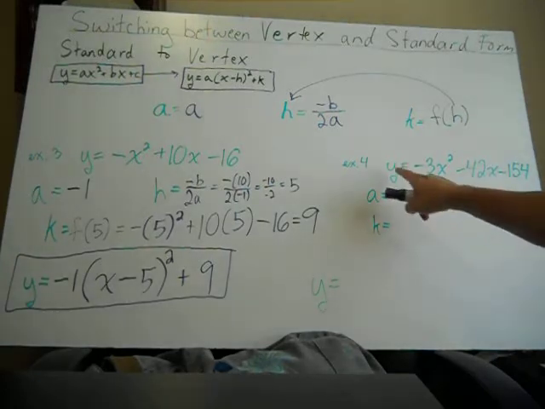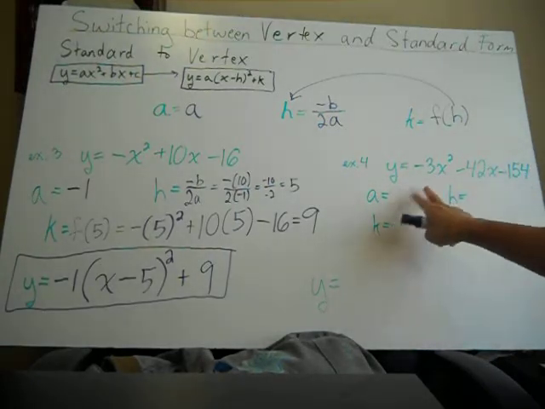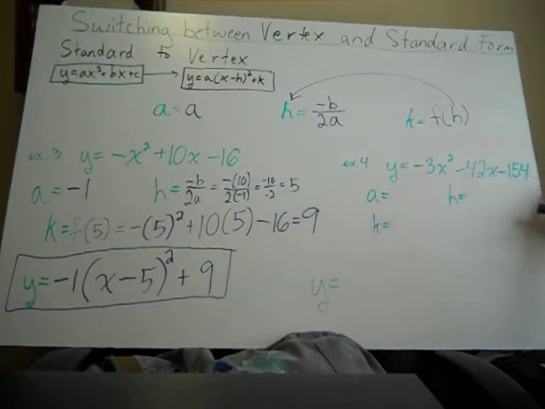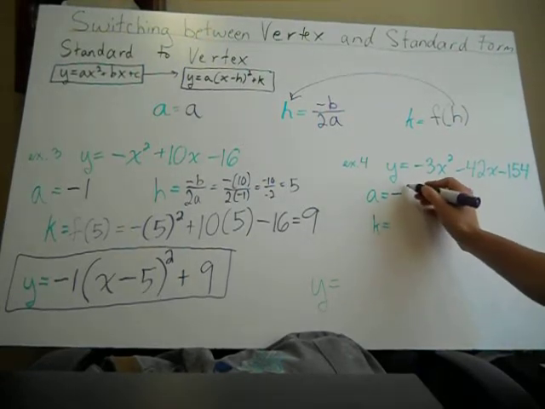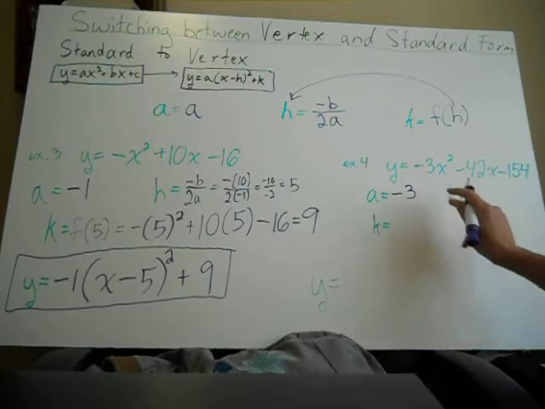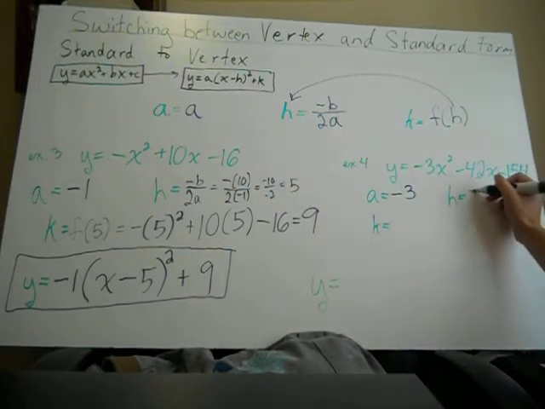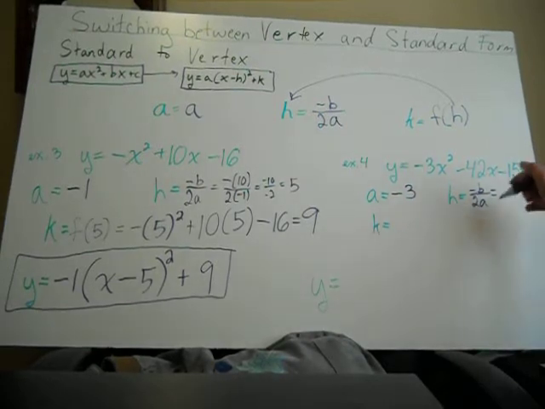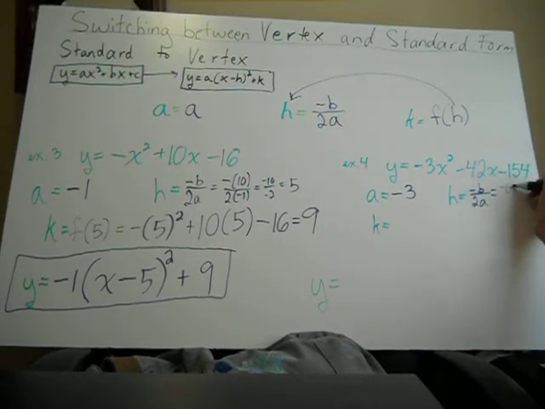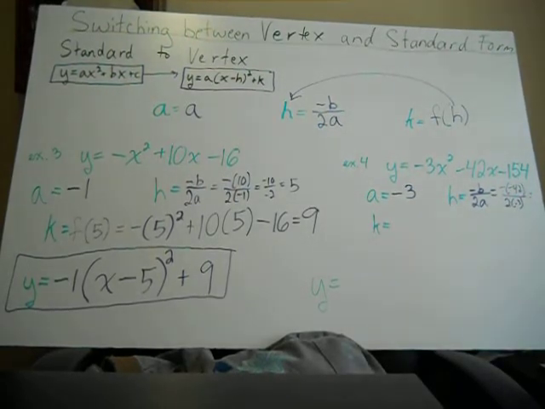Okay, example 4. Same thing. First, you're given it in standard form. A is A, so A is -3. H is always negative b over 2a. And I may not have room here, so that's a negative 42 over 2 times -3. And when you simplify that, you get a value of -7.